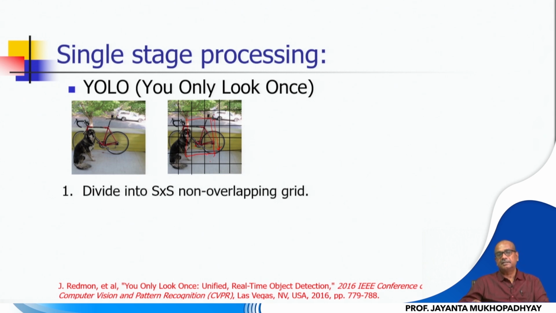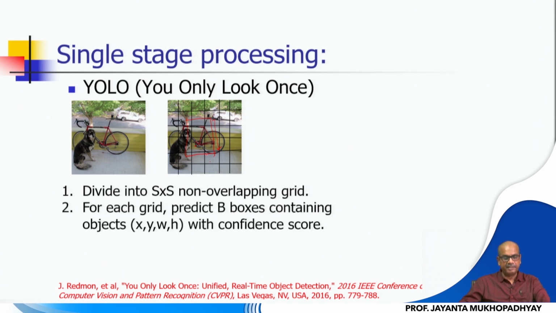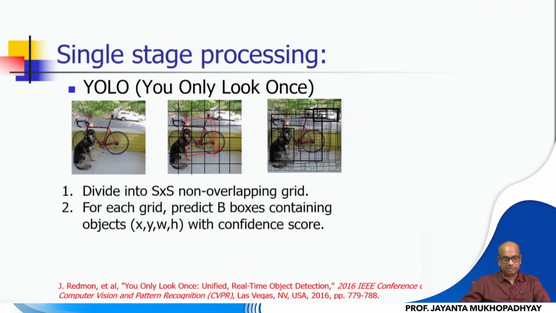So you can generate a number of candidate bounding boxes for each grid cell itself, and then you classify the one which has the maximum confidence. So you get a classification probability vector for several classes. Suppose there are 20 classes. Here, for example, we have some representative classes like dog, bicycle, car, maybe road, maybe tree. You can have many other classes. So for each grid cell, you predict B boxes containing objects with confidence scores.